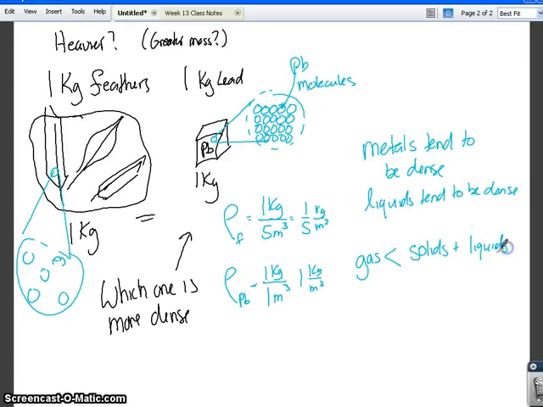These might go back and forth on which one's more dense. Solids tend to be more dense than liquids, but that's not always the case because some things do float, like on water. But gases are always less dense than solids and liquids. Gases are very, very spread apart, and that's one of their characteristics. So, this is density. How much space does something take up? Kilograms per meters cubed.